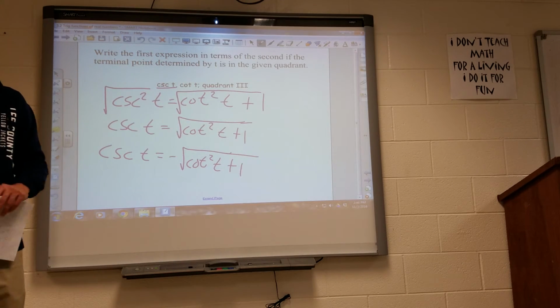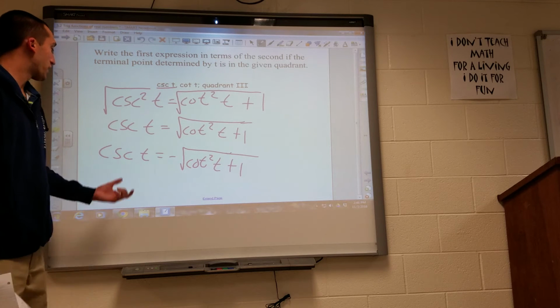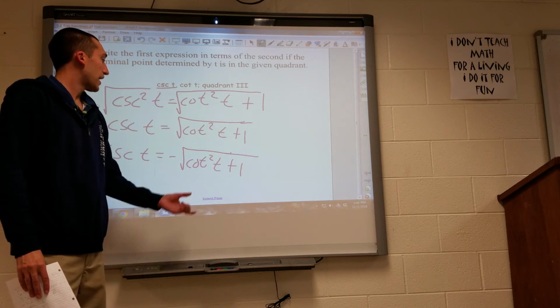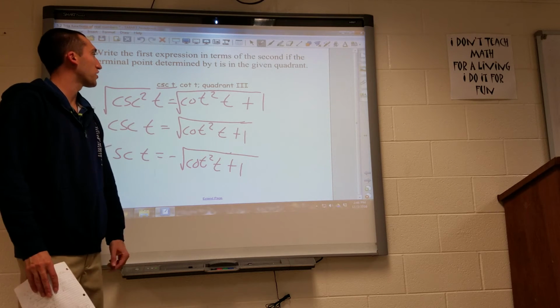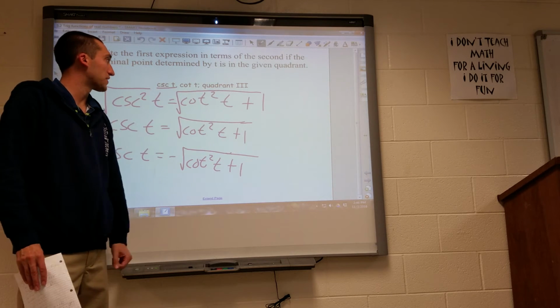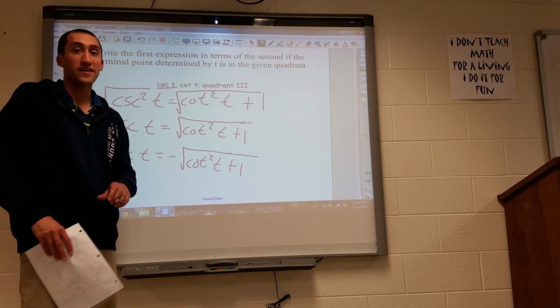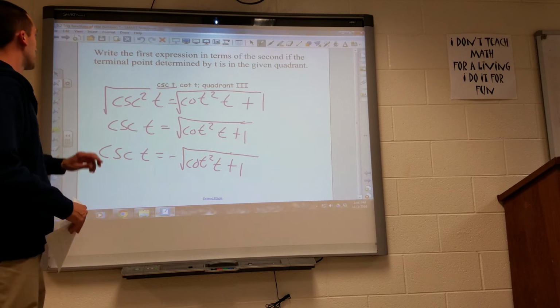Whatever that value may be, we don't have to figure out that value. We just have to have cosecant in terms of cotangent, and in this case we have just cotangents, and we've taken care of the fact that it's in quadrant 3 by making it negative, since sine is negative in the third quadrant.